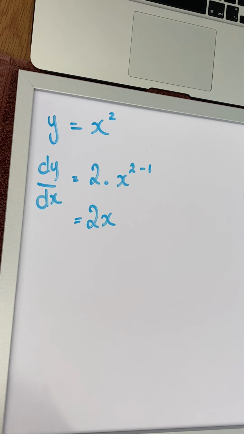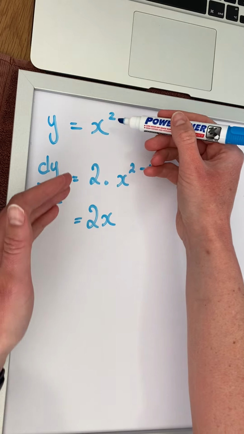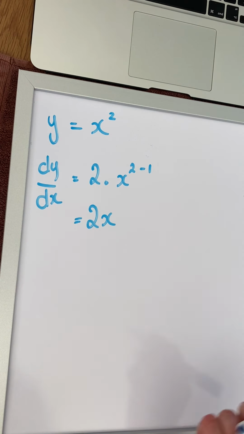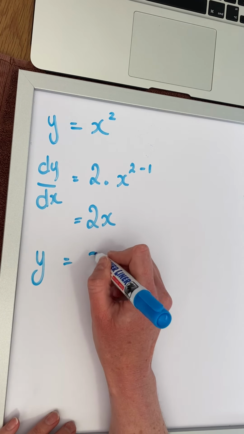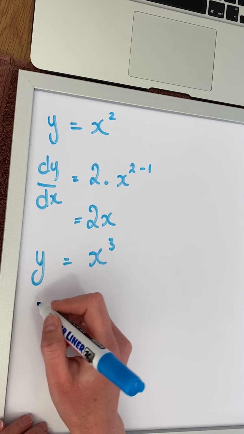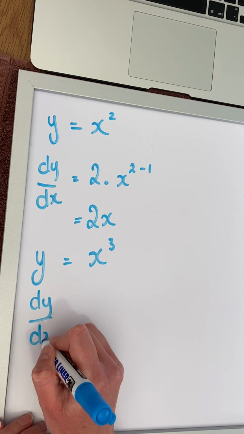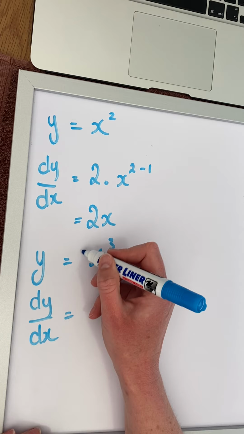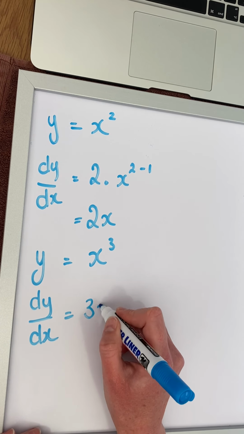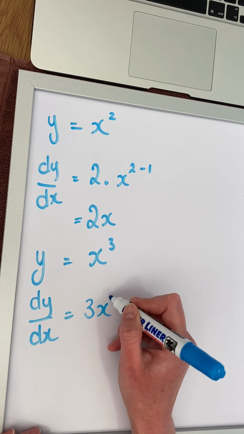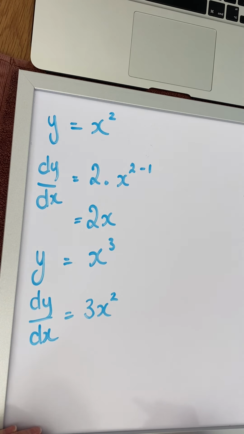Once we get used to it, we can skip this middle step and go straight from our function to our derivative. If we look at y is equal to x cubed, we apply the same rule. dy dx is equal to, so the 3 comes down and we multiply it by our original function, and then we reduce that power by 1, so that becomes 3x squared.